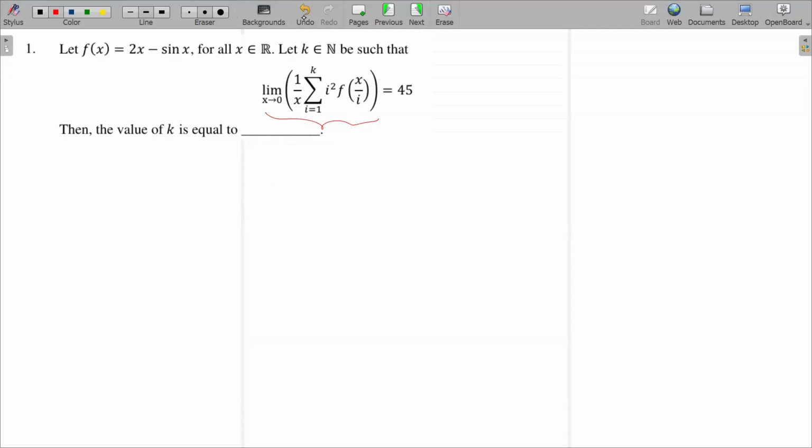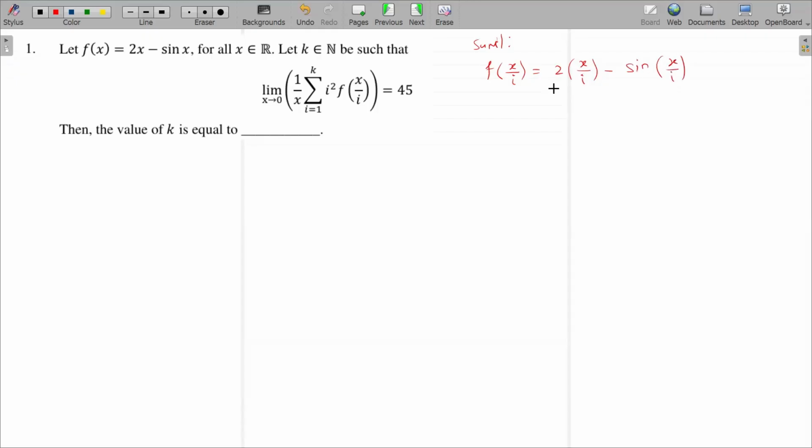Okay, if you go by that, I'm just showing. One path I'm not taking, but everybody knows. You try it out and get the answer. So what I'm just saying is Sunil's idea. Sunil has suggested what it is. You actually evaluate f of x by i. Put the value. So 2 times x by i minus sine x by i.